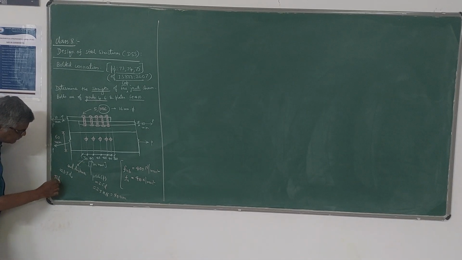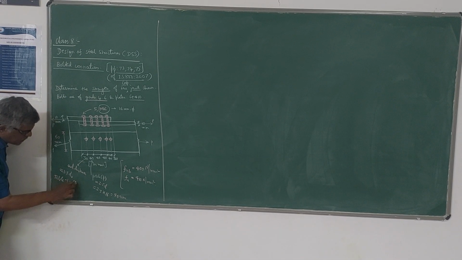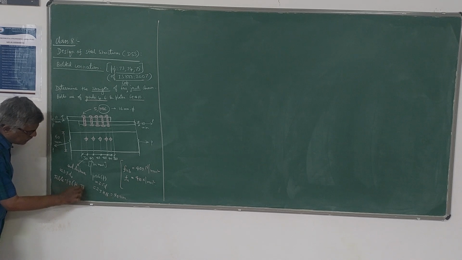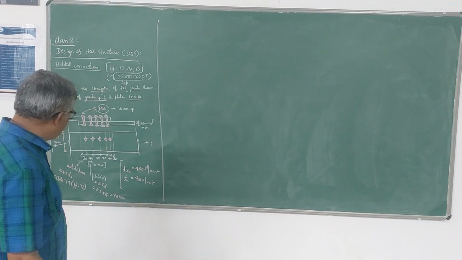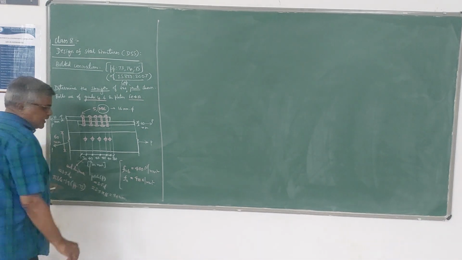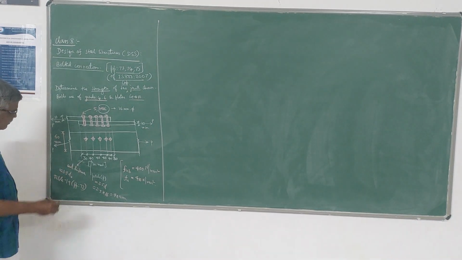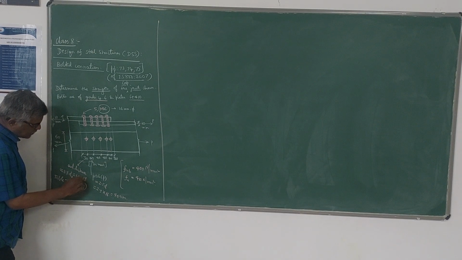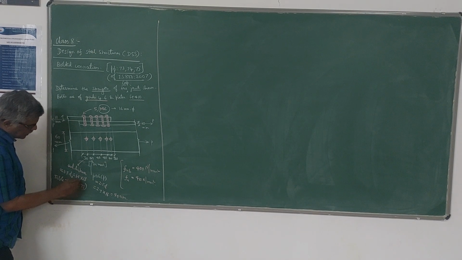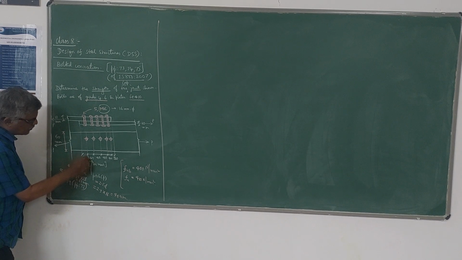He has given the clearance depending on the diameter of the bolt. For a 16 mm diameter bolt, the clearance is 2 mm. So that means d naught will be 16 plus 2, 18. So 1.5 times 18, you can take it as 27 mm. So you can round it up to 30 mm.